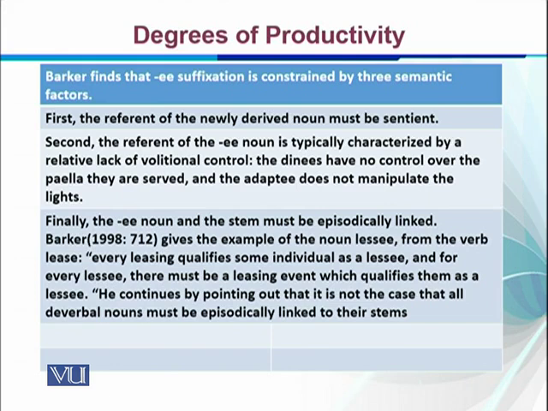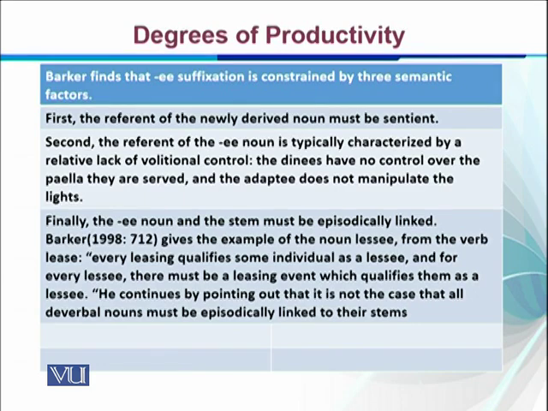Every leasing qualifies some individual as a lessee, and for every lessee there must be a leasing event which qualifies them as a lessee. He continues by pointing out that it is not the case that all ee nouns must be episodically linked to their stems. So these are the three semantic constraints on word productivity.